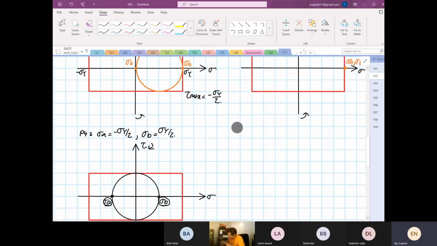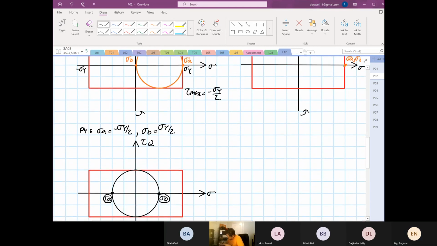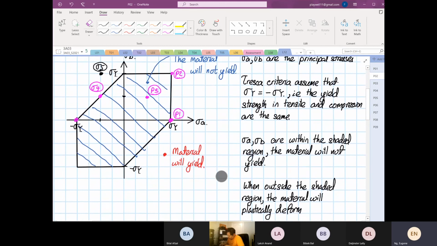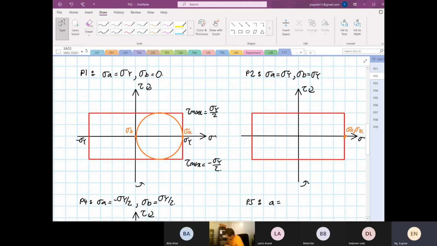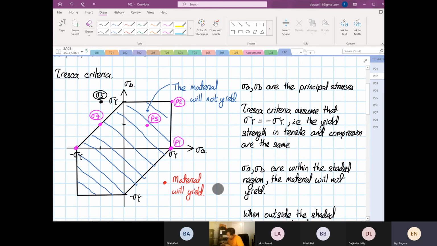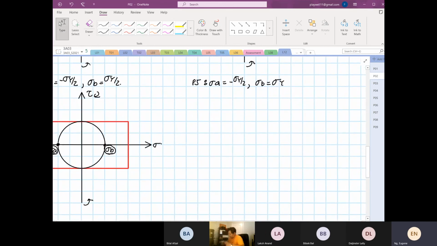Point 5: stress A is equal to minus stress U over 2, and stress B is equal to stress yield. Okay, I'm correct. So now again we draw more circle.